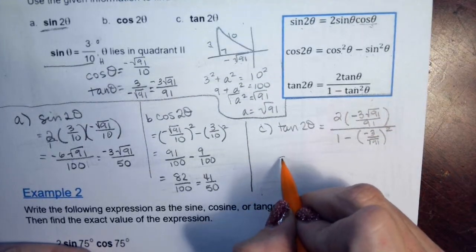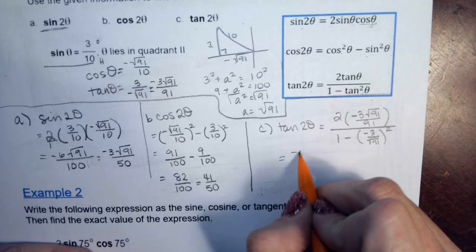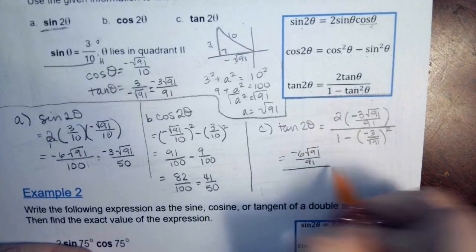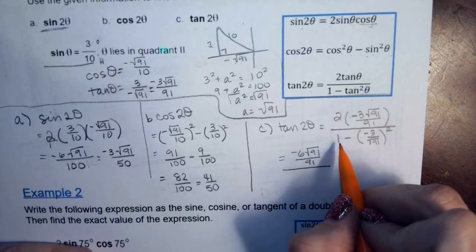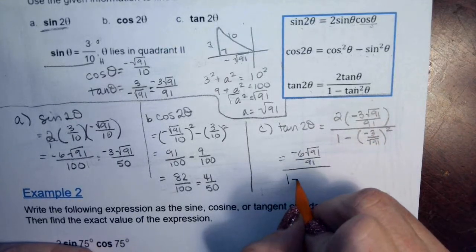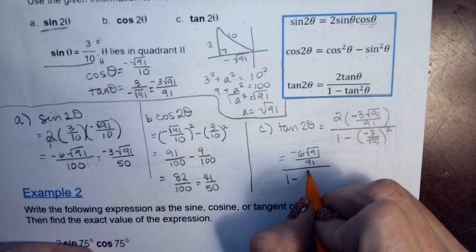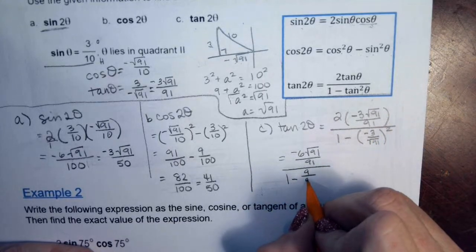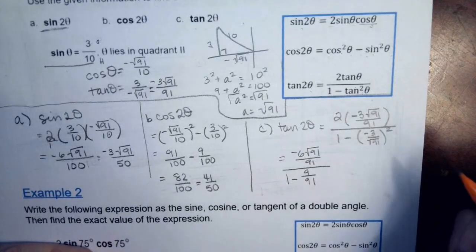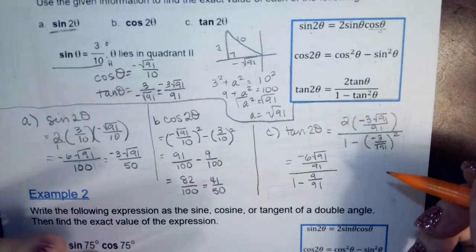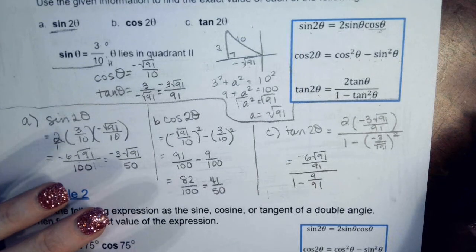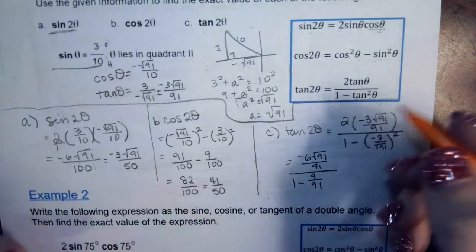Okay, so in the numerator I have negative 6 square root of 91 all over 91. In the denominator I have 1 minus negative 3 squared, which is 9, over the square root of 91 squared, which is just 91. If I multiply everything through by 91, that's going to clear up the fraction within a fraction.